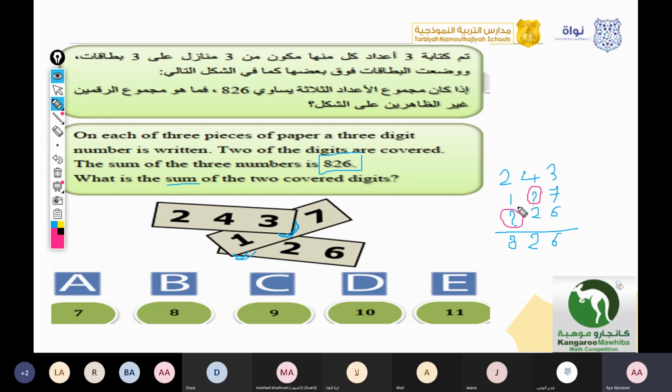You can just try. Lena, Joanna, I'm waiting for you. Lena, Joanna, only you are left. Donna, if you are in the exam, you have only to choose one, D or E.